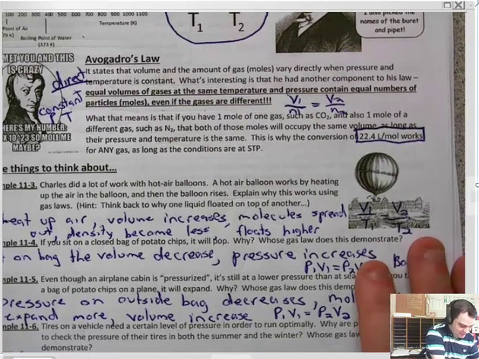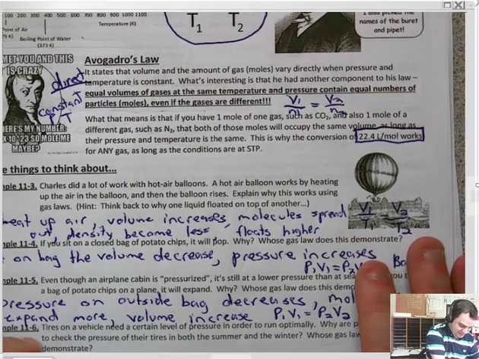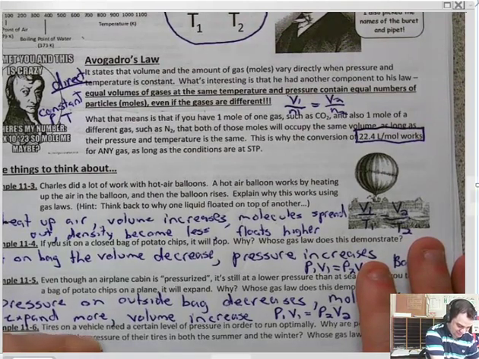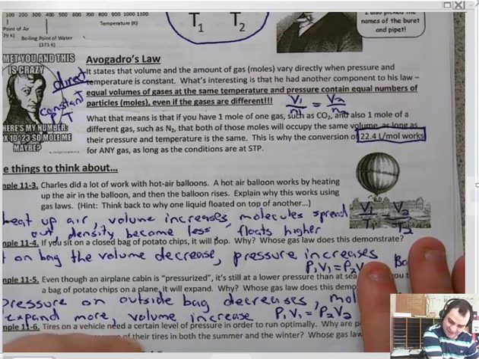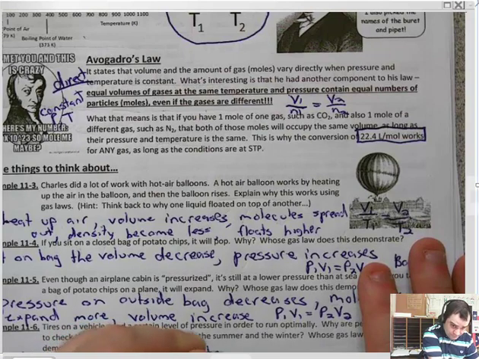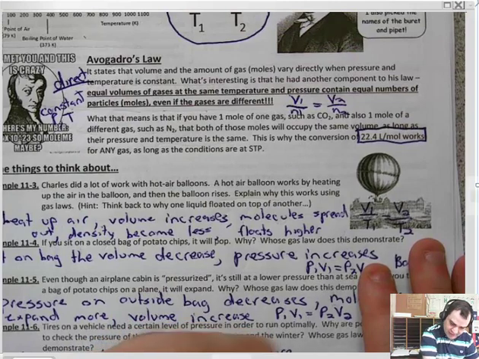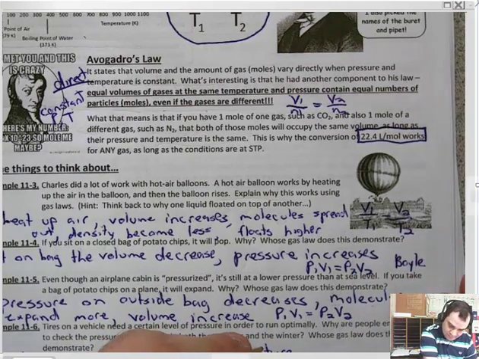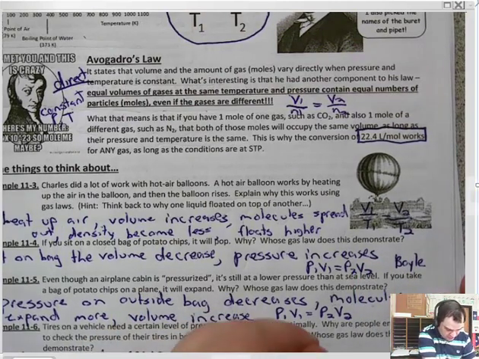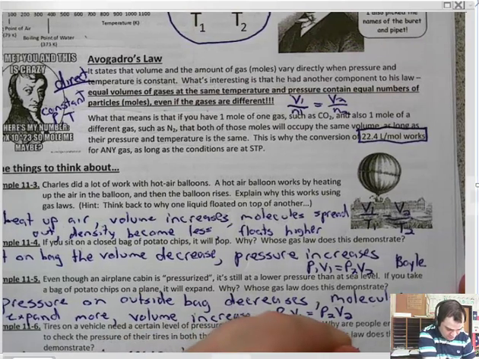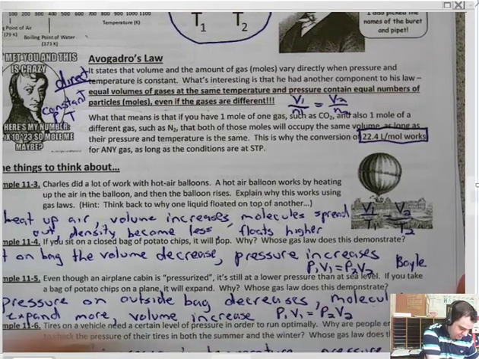Okay, you know, in the summer, there's an increase in temperature. It's warmer in the summer. If there is an increase in the temperature, the pressure of the tires increases.